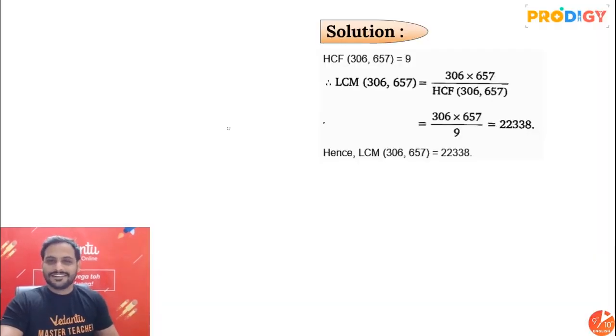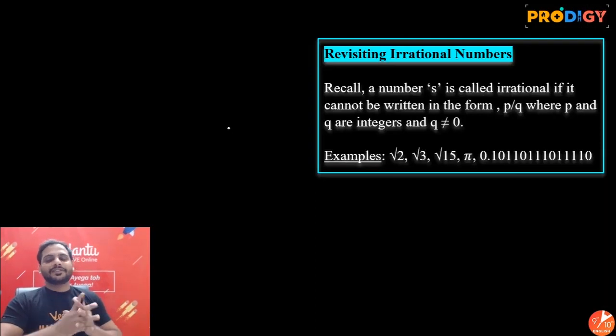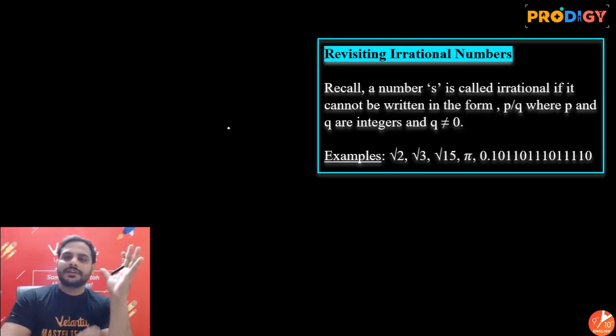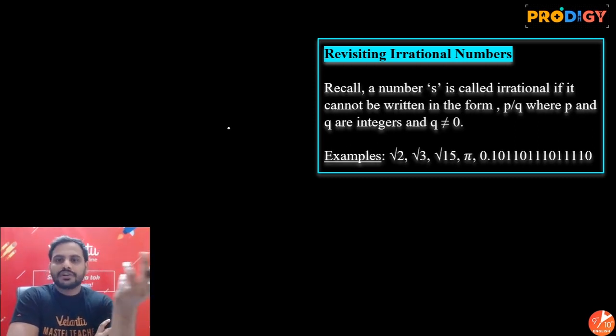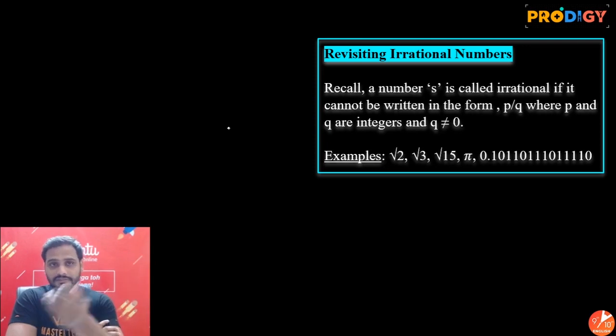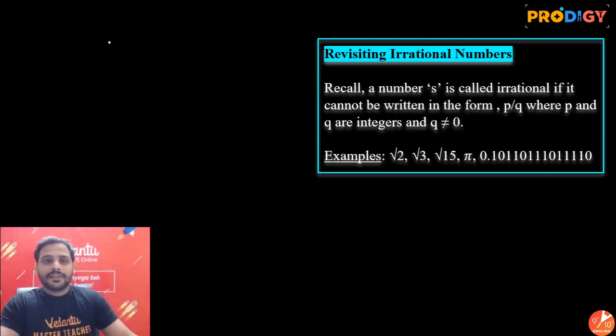Now let's come to today's topic, that is irrational numbers. If you all remember, we know that root 2, root 3, these all come under the irrational numbers, and we also know that the decimal representation of irrational numbers is non-terminating and non-recurring.